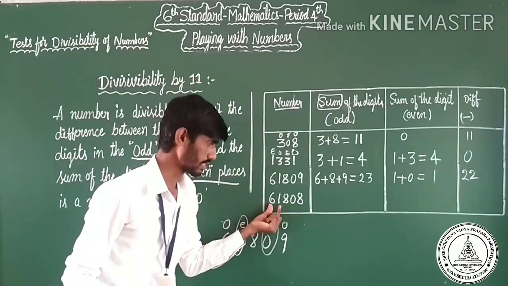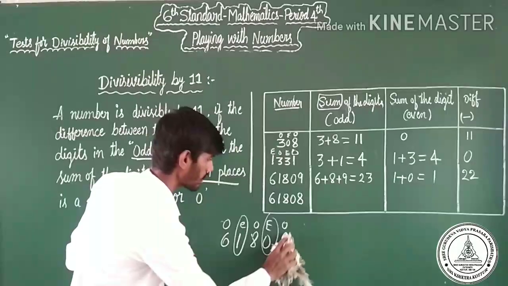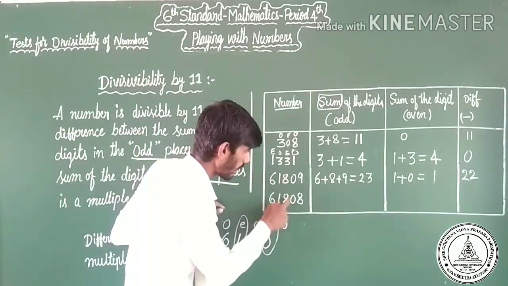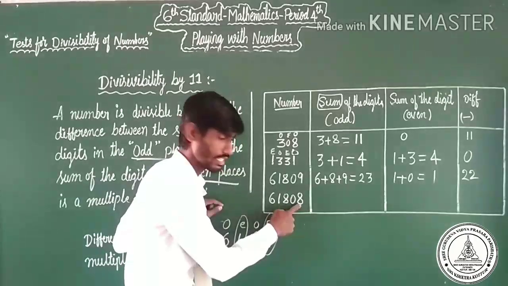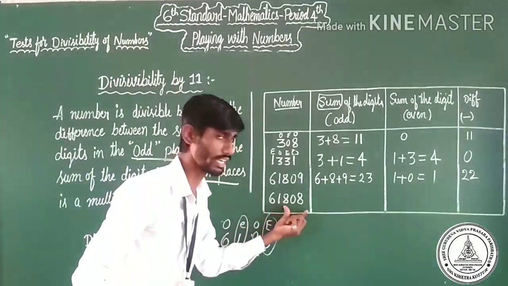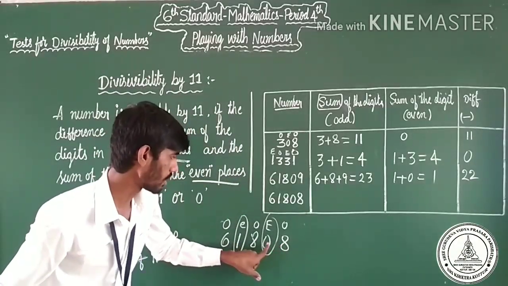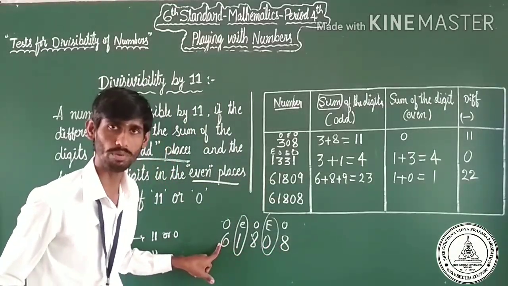Next example. 61,809. I have changed one digit. Observe here, 6180, here was 9. I have changed the digit to 8. 61,808. This is odd place, even place, odd place, even place, odd place.